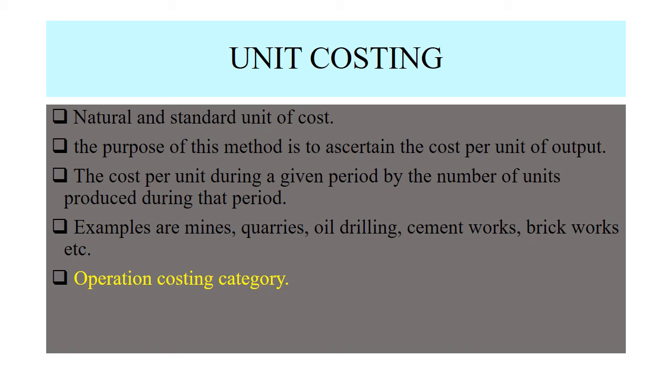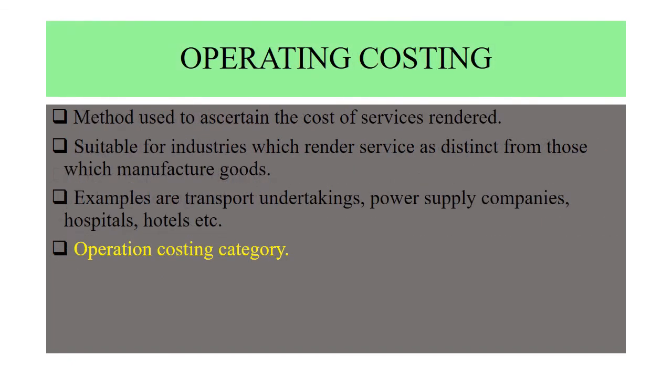Unit costing method is also known as single costing or output costing. This method is suitable for industries which render service as distinct from those which manufacture goods. The costs of providing service are ascertained in the case of those undertakings which provide services and are not engaged in the manufacture of tangible products.